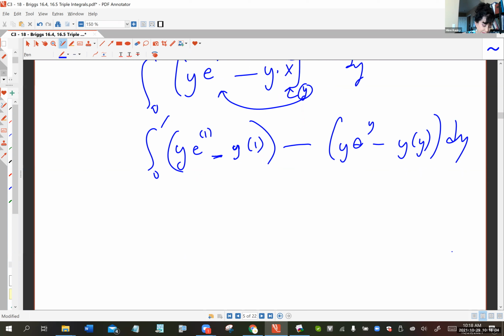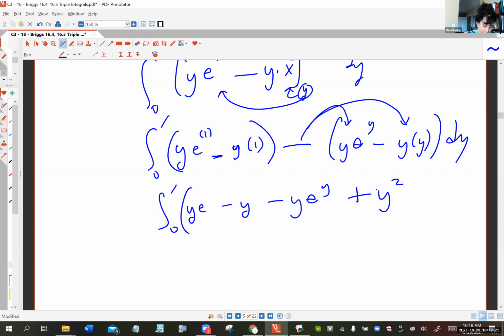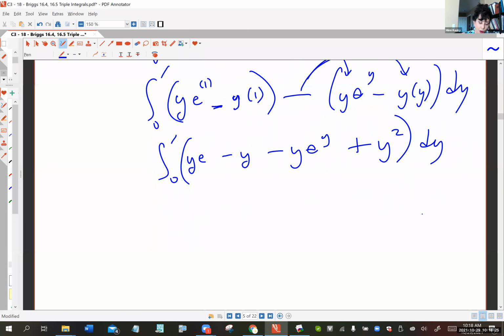So let's go ahead and distribute this negative and do a little bit of cleanup here, not much, but we have y e, and that's e to the 1 is just e, minus y e to the y plus y squared. And we're going to integrate this with respect to y.